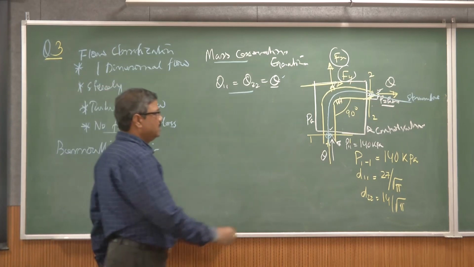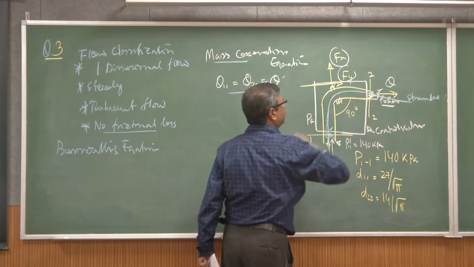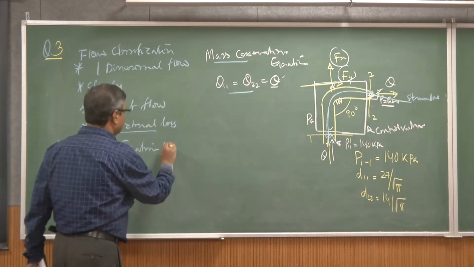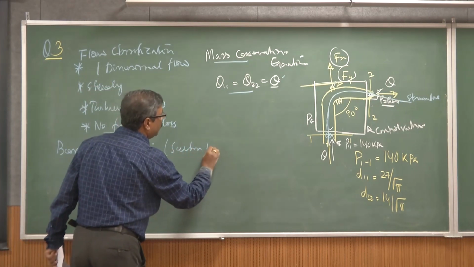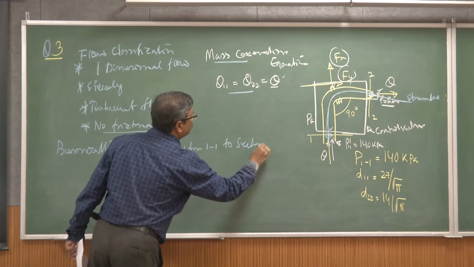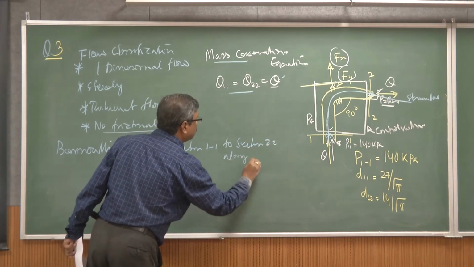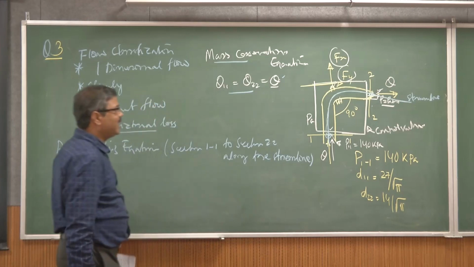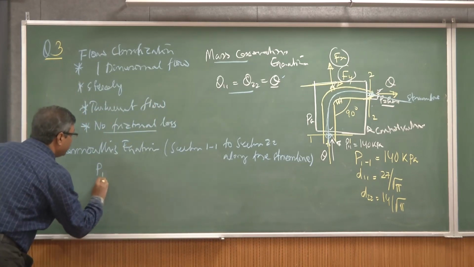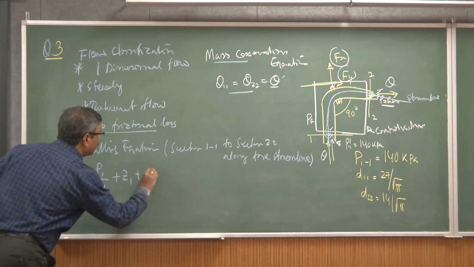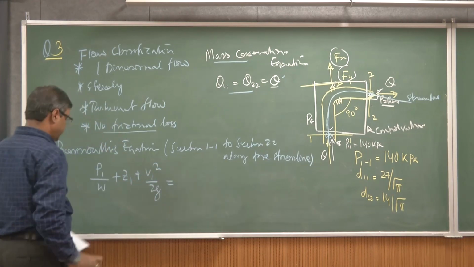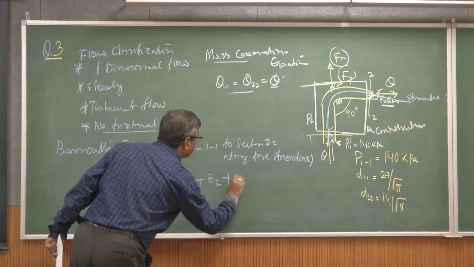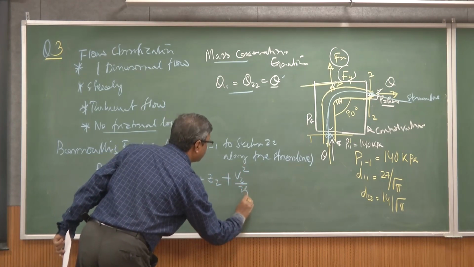As I have drawn the streamline following this path, I can apply Bernoulli's equation from section 1-1 to section 2-2 along the streamline. P1 over rho g plus V1 squared by 2g equals P2 over rho g plus V2 squared by 2g.